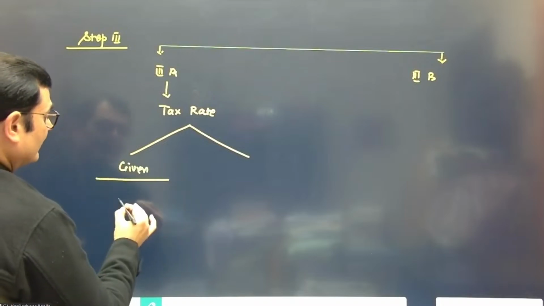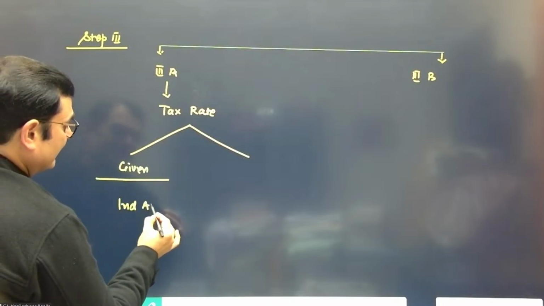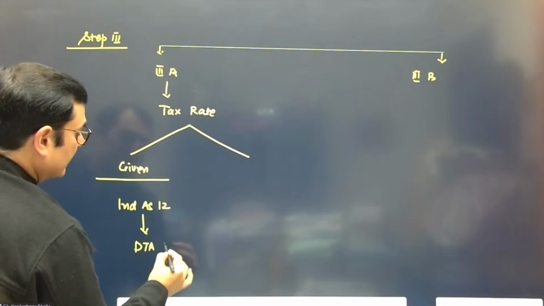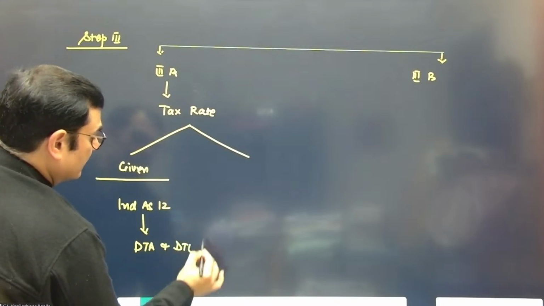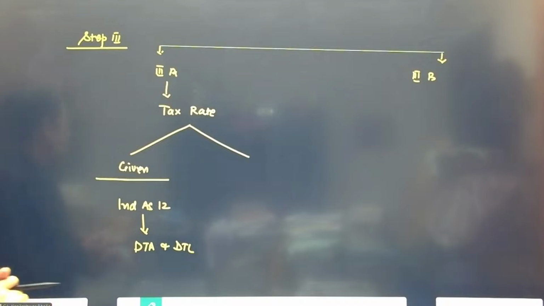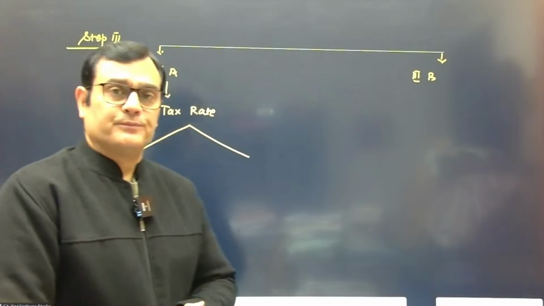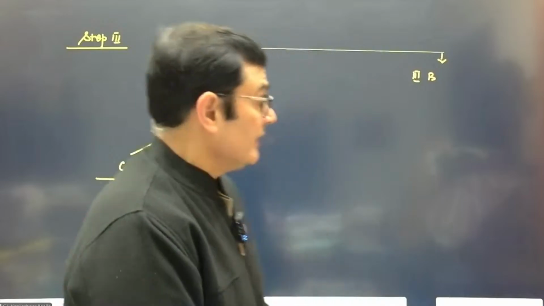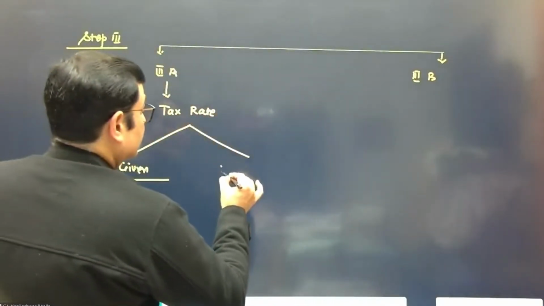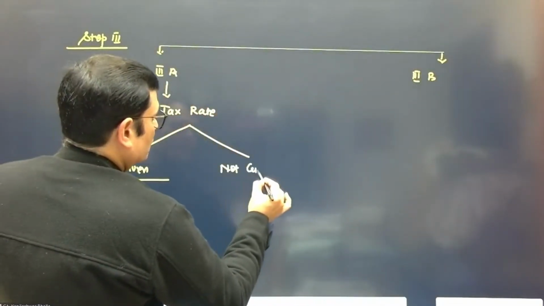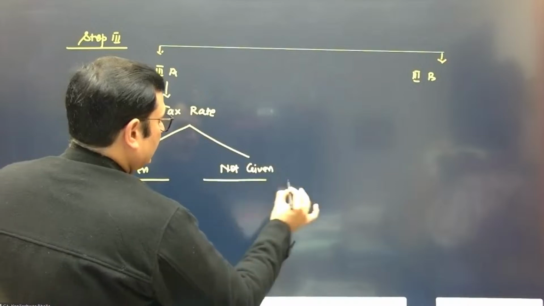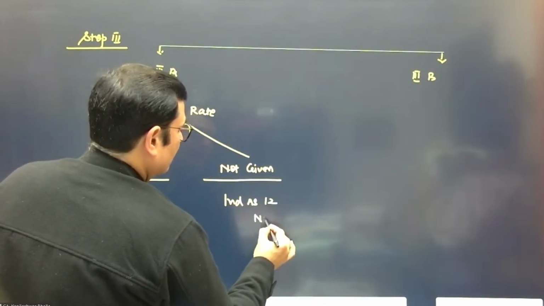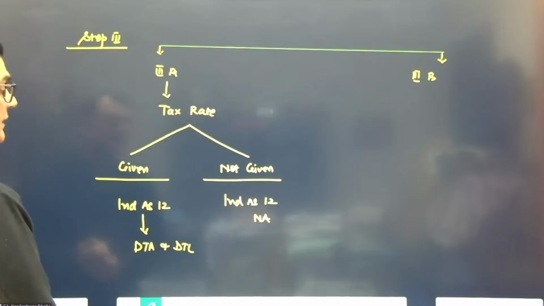If the tax rate is given, then you are required to apply the principles of Ind AS 12 and create a deferred tax asset as well as a deferred tax liability on all those assets and liabilities where the carrying value, you can say the book value, differs from the tax base. And in a situation where the tax rate is not given, then of course Ind AS 12 is not applicable. Then I am not required to calculate any deferred tax asset or liability.